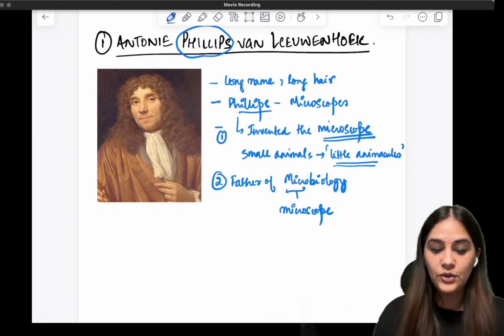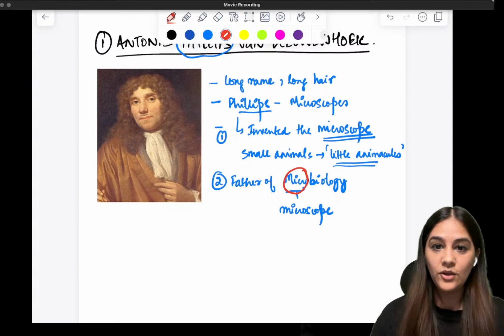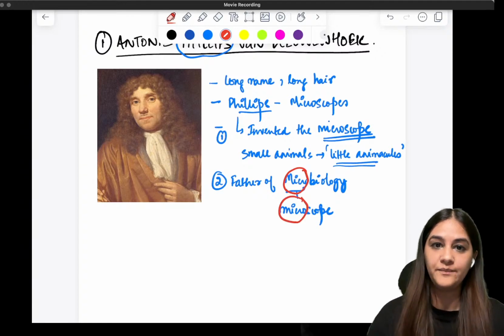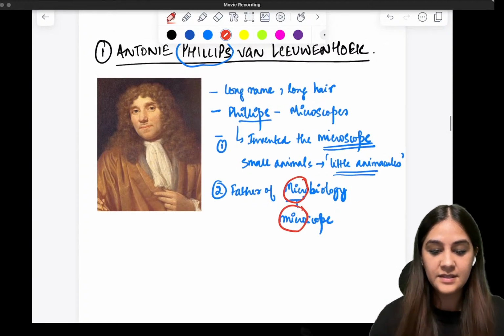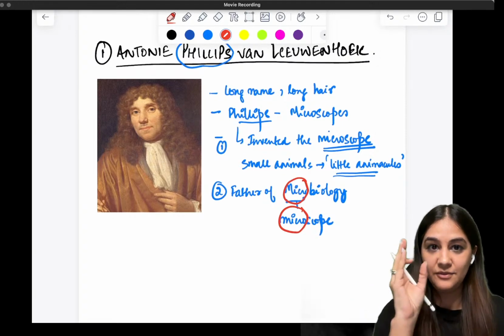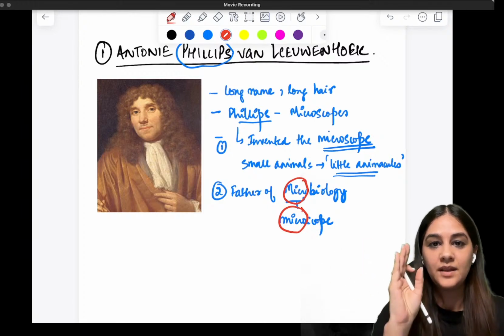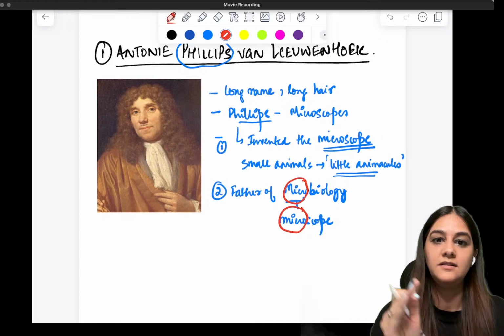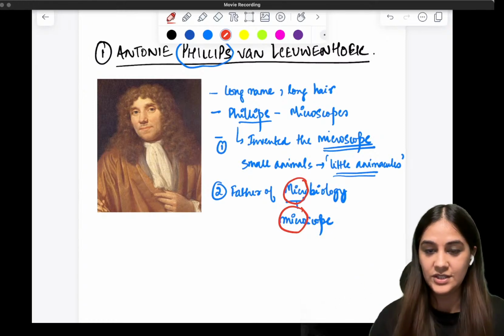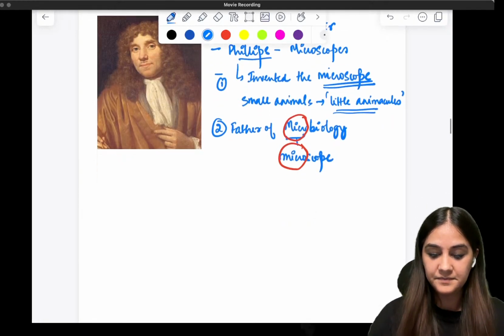So that is how you're going to remember him: microbiology, microscope, the word Phillips in his name, and Phillips makes microscopes. He invented the microscope, and that is why he's known as the father of microbiology. So this is the first scientist that we are going to talk about.